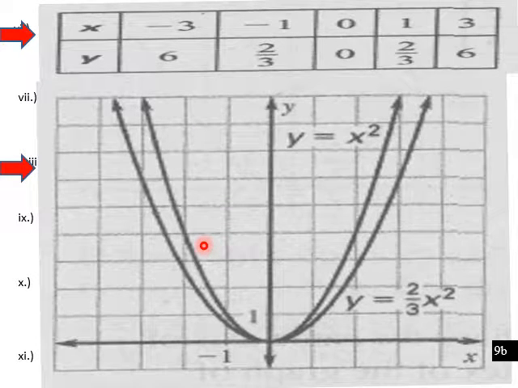There's the table. Then here is the curve, the parabola for y equals 2/3 x squared. It's flattened out a little. The parent function y equals x squared is a little bit steeper than your y equals 2/3 x squared, which is here.